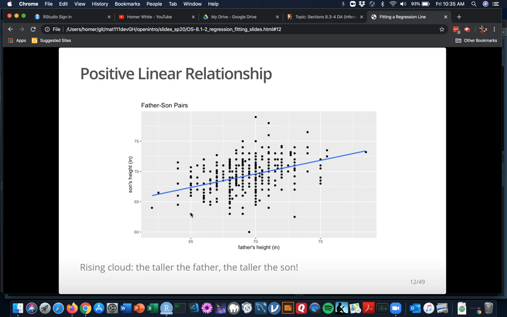And the position along the x-axis for the point is the father's height. So for this point here, that's a pair of people. The father was 65 inches tall. The son looks like about 62 and a half, maybe 63 inches tall. Or in this pair, the father was 70 inches tall and the son looks like about 79 inches tall.